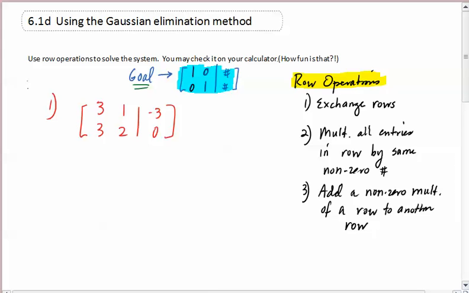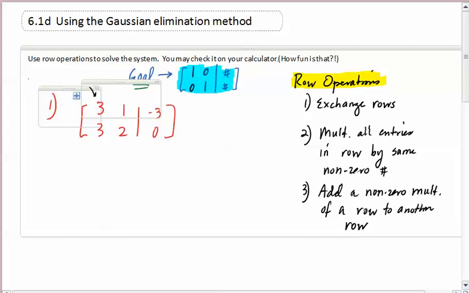All right. When we're doing this, sorry about this, I think I need some more padding on my little tablet here. Here we go. In order to get to this goal, we're always going to start with trying to get the top left corner to be a 1. That's my goal.